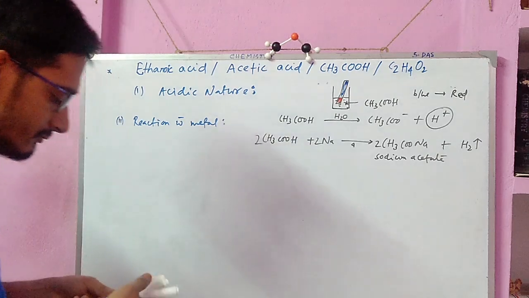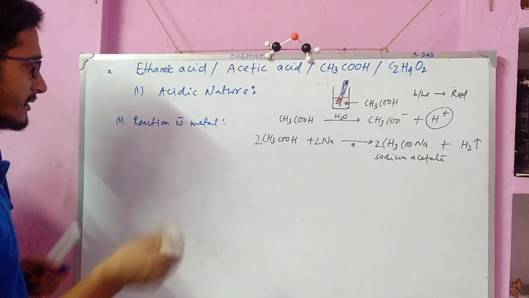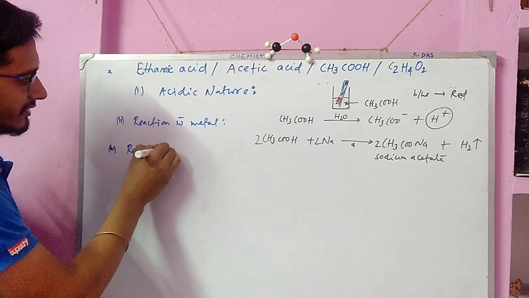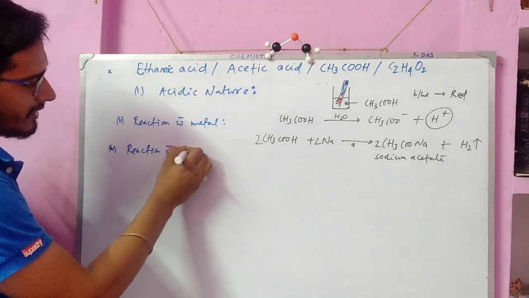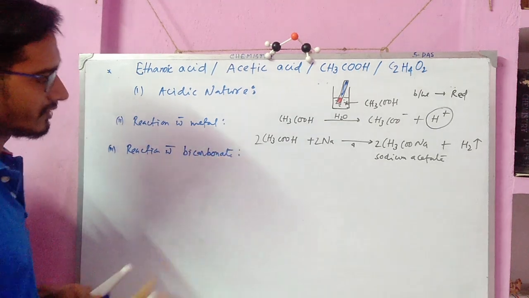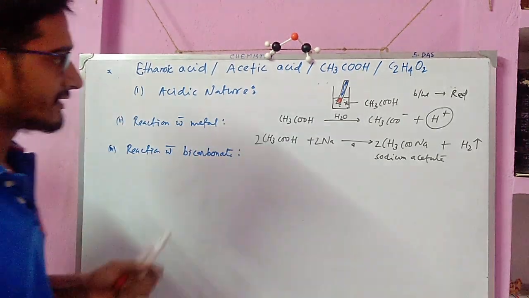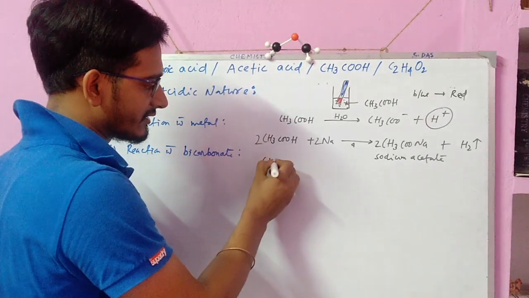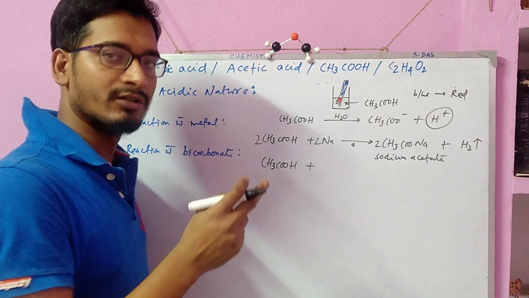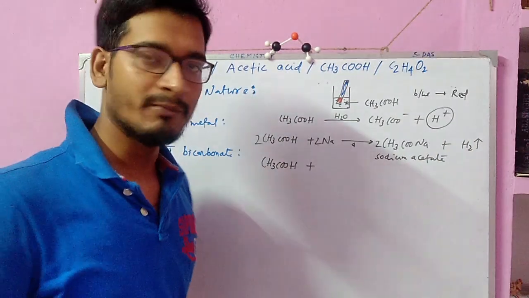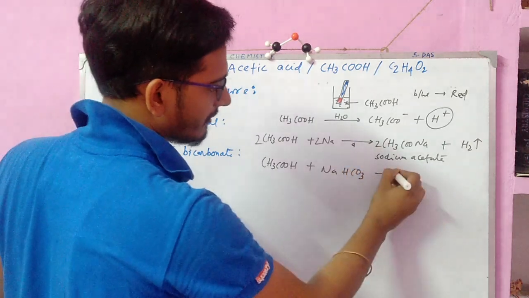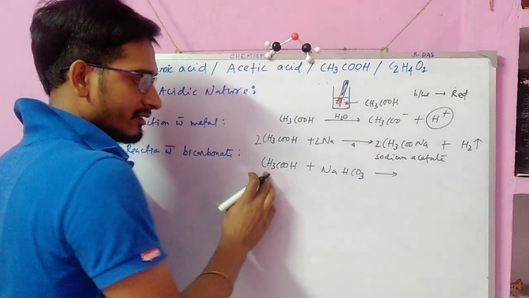Next is reaction with bicarbonate salt. When acetic acid is treated with a bicarbonate salt, let's say sodium bicarbonate, that is NaHCO3, what will happen?